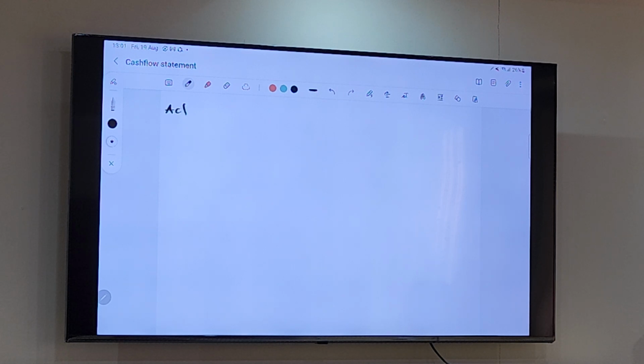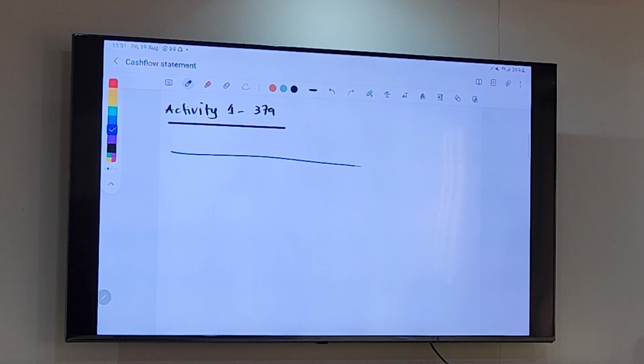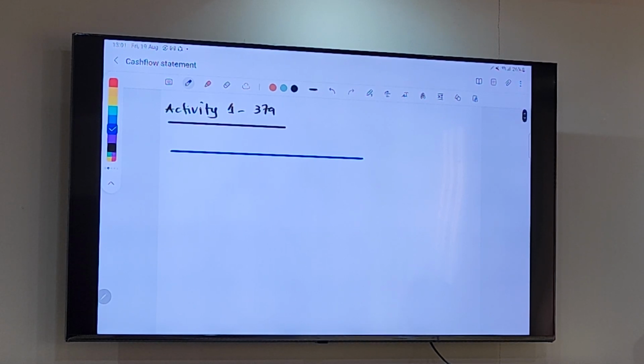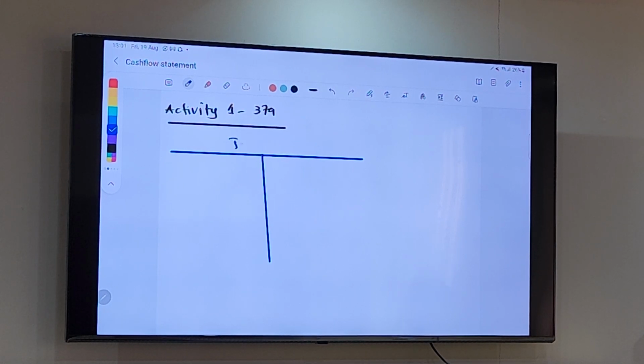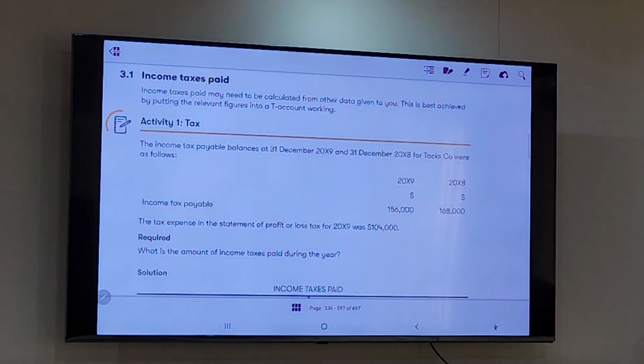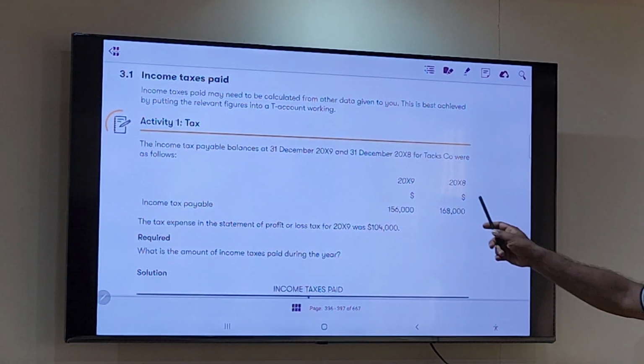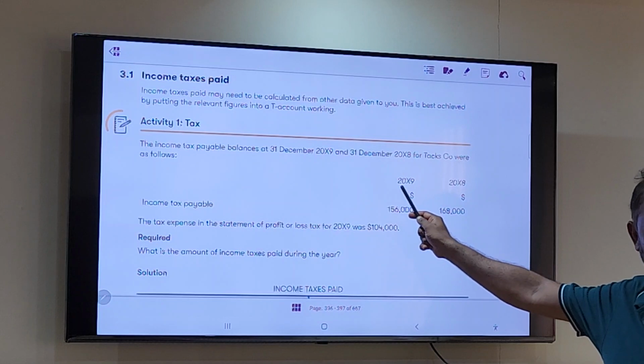So activity number one, page number 379. Tax payable. Now in this question, they have given you 2 years, X8 and X9.